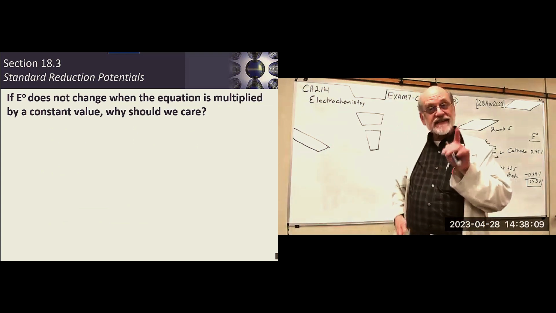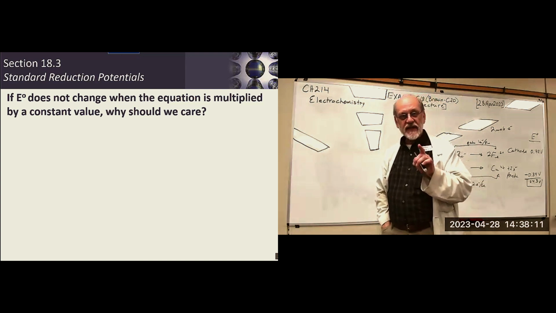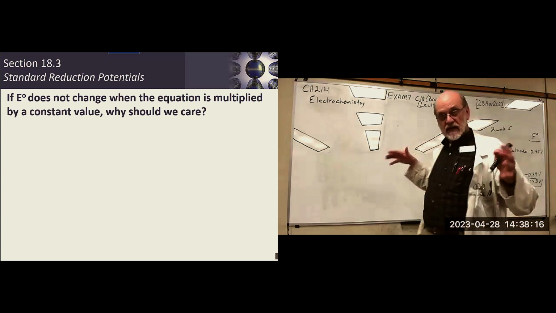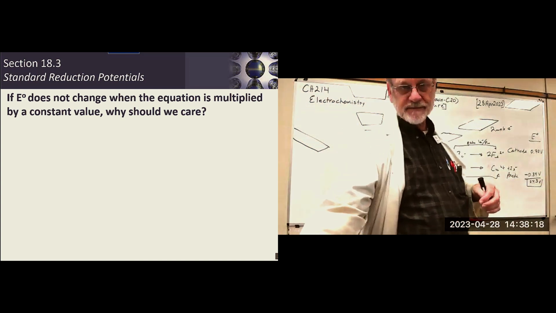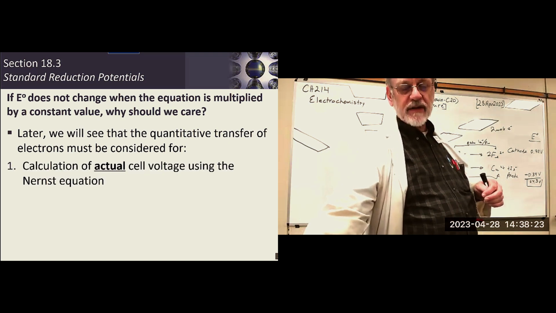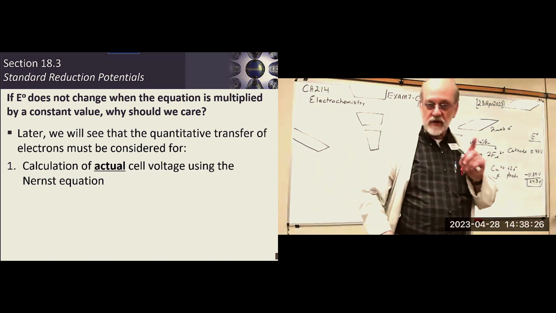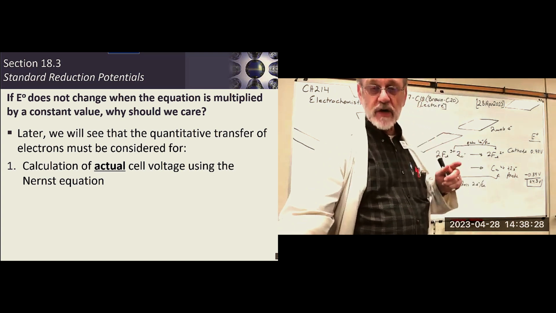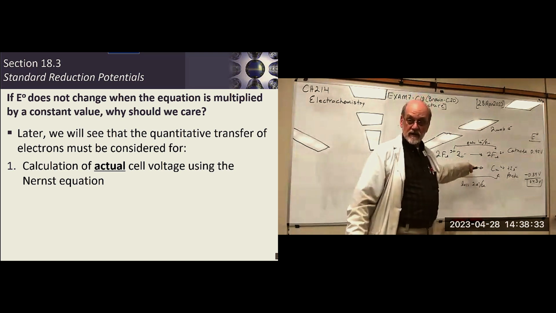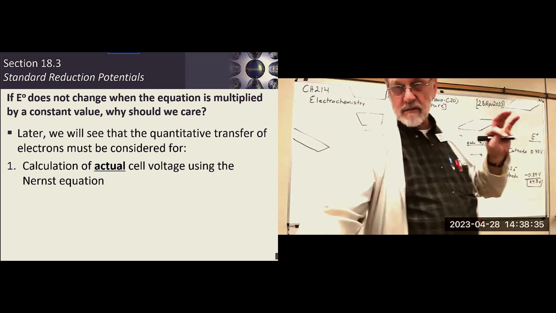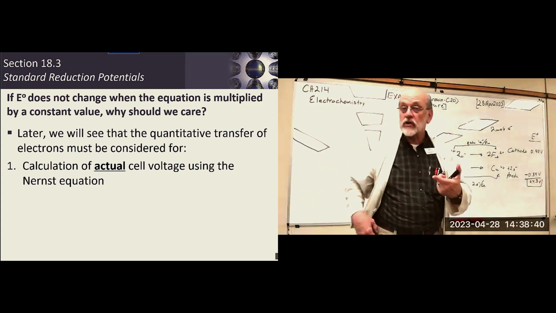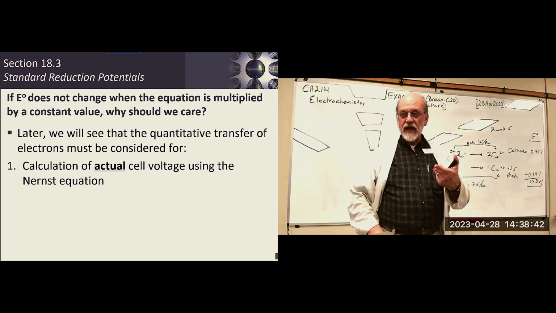Now, since this is an intensive property, the standard potential does not change when we multiply equations by whole number multiples. But we do need to know how many electrons move, because we're going to use an equation later called the Nernst equation to calculate the actual voltage if we know the concentrations, and we're going to calculate a Q for the reaction.